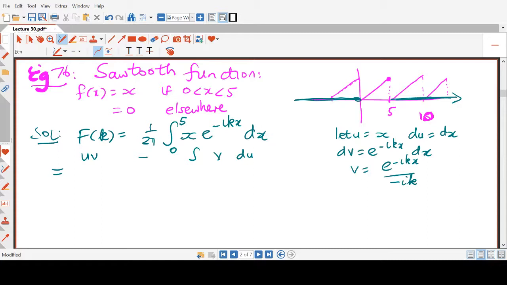uv will be x e to the minus ikx over minus ik, and then we will plug in 0 to 5 there.